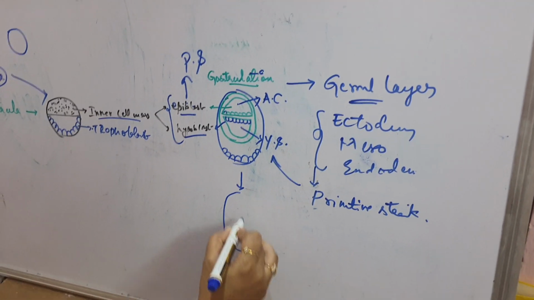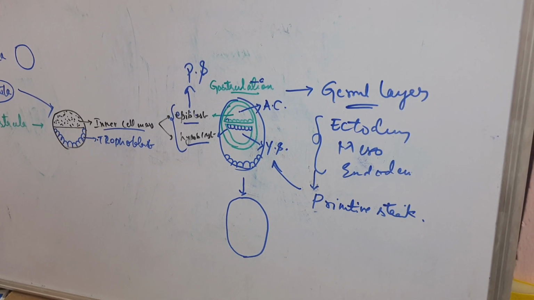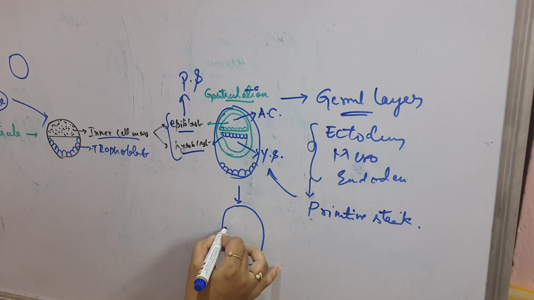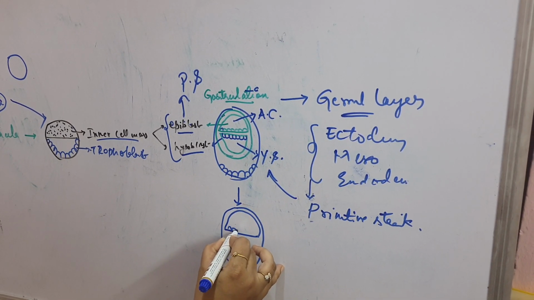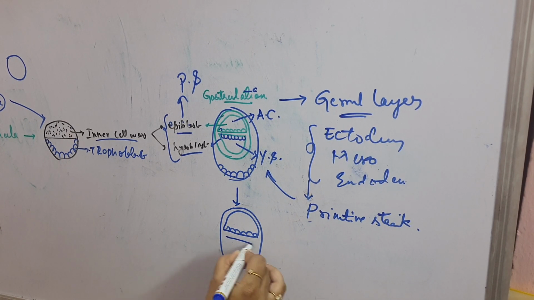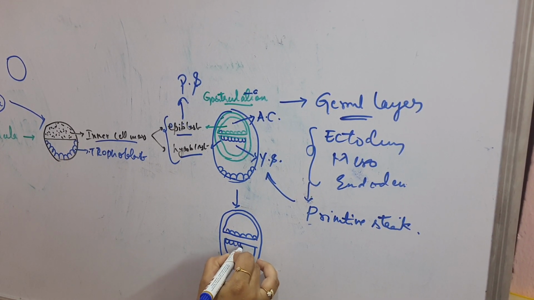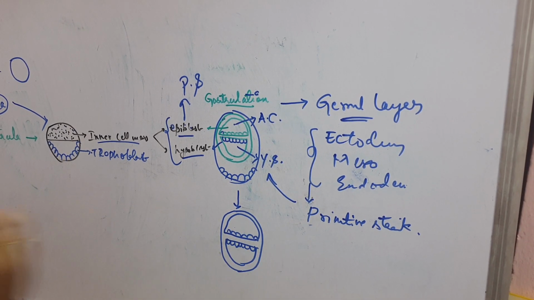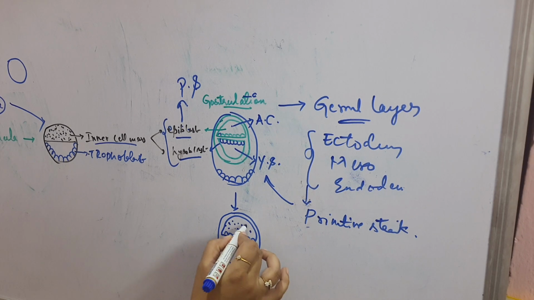In this part your embryo will be pear shaped or oval shaped. Okay, and you will have this layer that is called epiblast, and you will have this layer that is called hypoblast, and you will have a central cavity. So all this is surrounded by the epiblast cells.